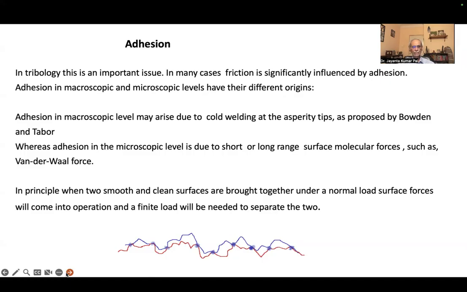Macroscopic adhesion we have discussed, which could be just solid state welding at the peak of the asperity, or it could be mechanical action between the asperities. Whereas at the microscopic or nanoscopic or atomic level, intermolecular forces are more important.